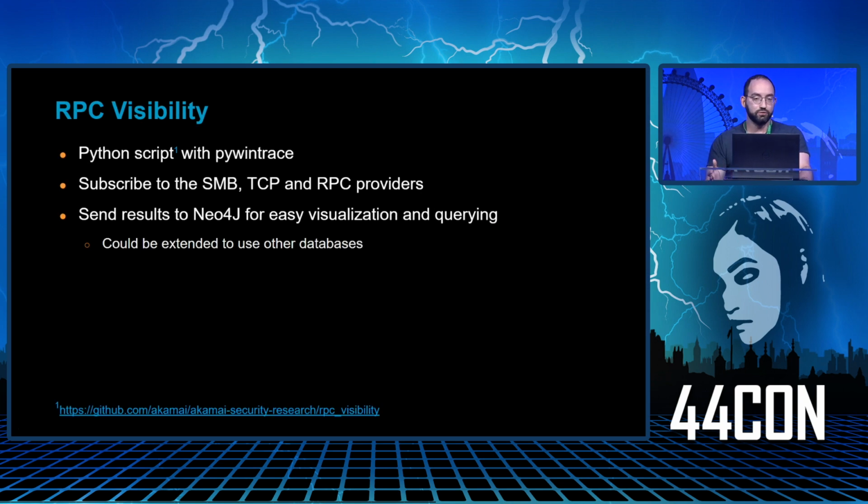I implemented a Python script that I call RPC visibility that subscribes to all three providers using the Python library PyWinTrace, and it sends all results to Neo4j for visualization and querying. But it could be easily extended to use any other database if you want to integrate with a SIEM, maybe.